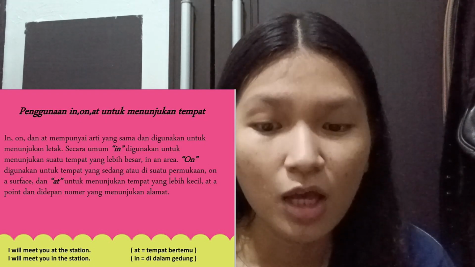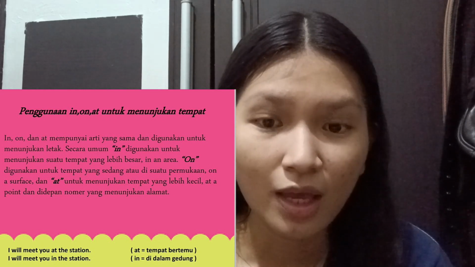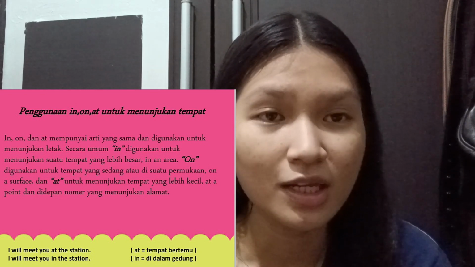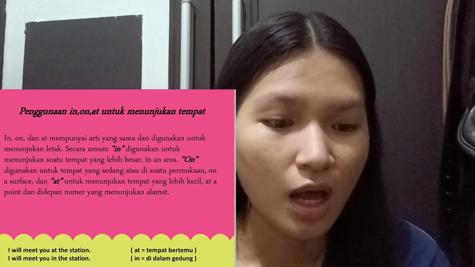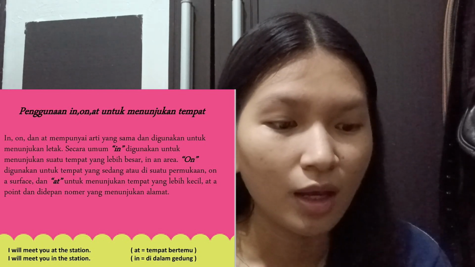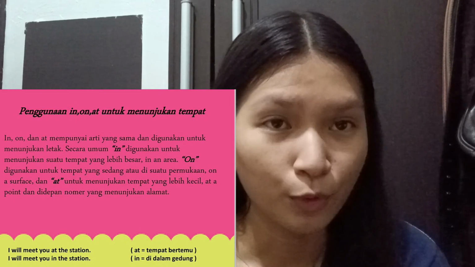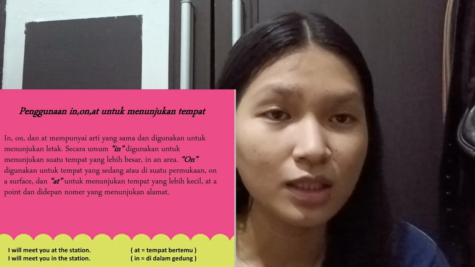And at indicates a smaller place, a point, and is used in front of a number indicating the address. For example sentence: I will meet you at the station, at, a meeting place. I will meet you in the station, in, inside the building.